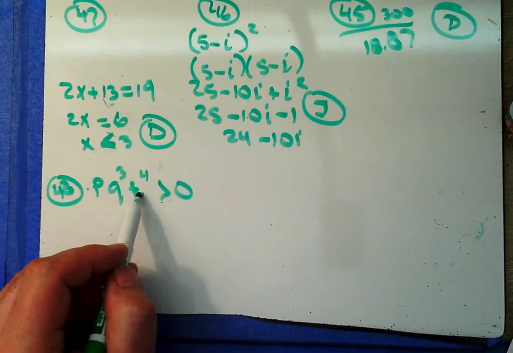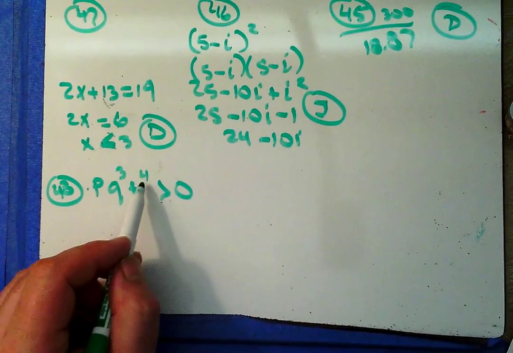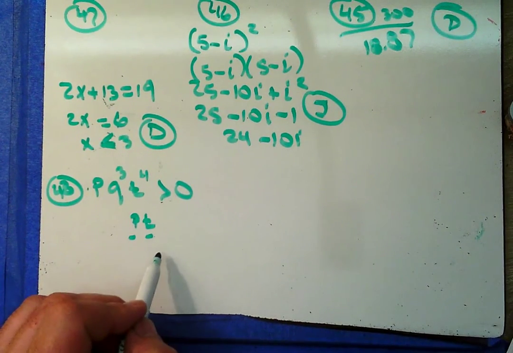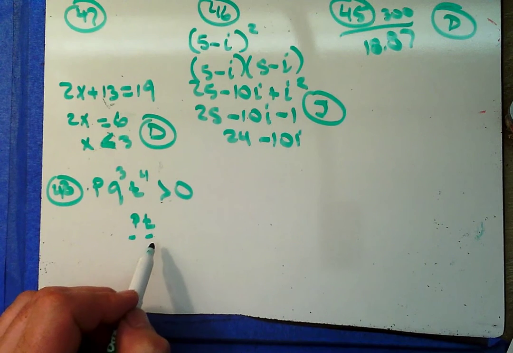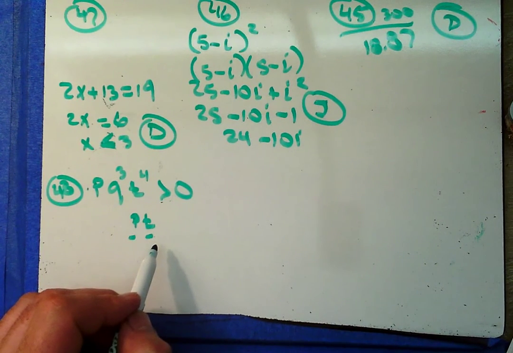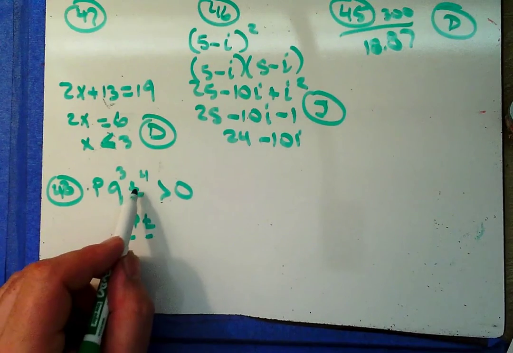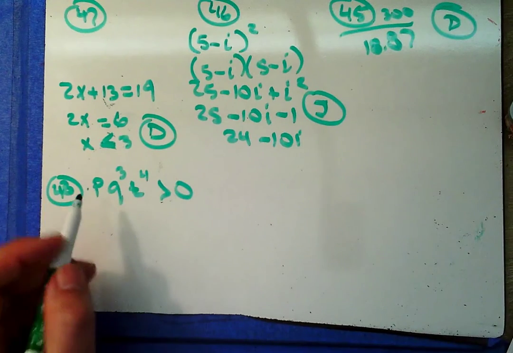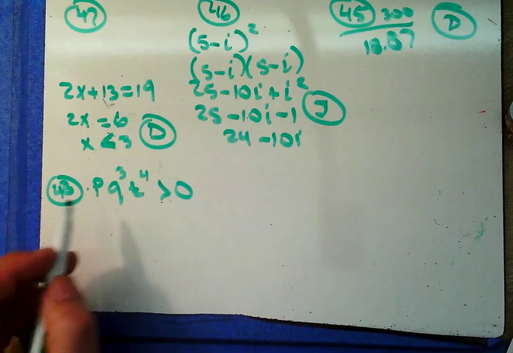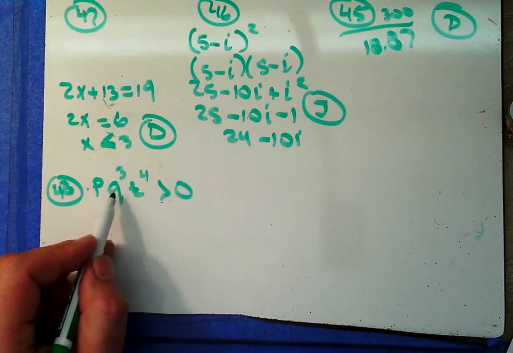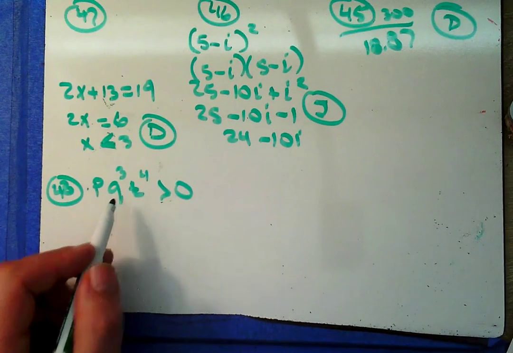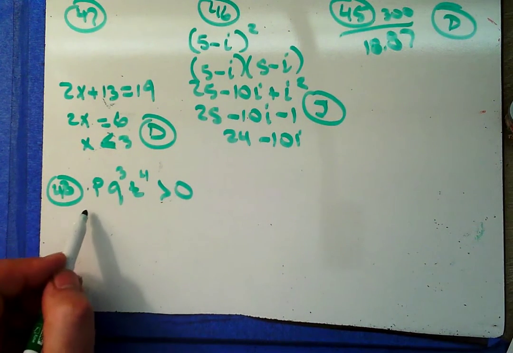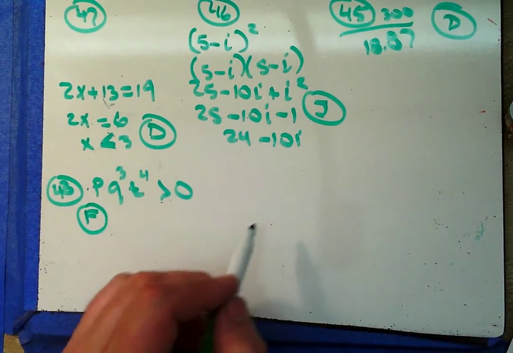If t were negative and I raised it to the fourth, then I would have a positive. p, t, though, I don't know if there's a negative in here or a positive in here, so this could be either, and that's why that one doesn't work. I see that pq has to work because these could be both positive or both negative, but in either case, pq is going to be positive. So I'm going to go with choice F for number 48.